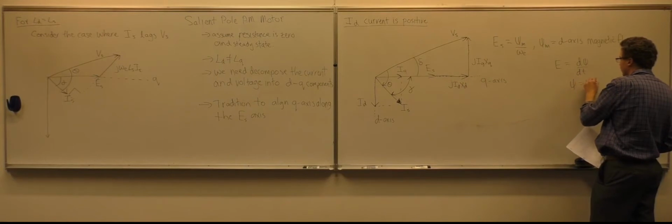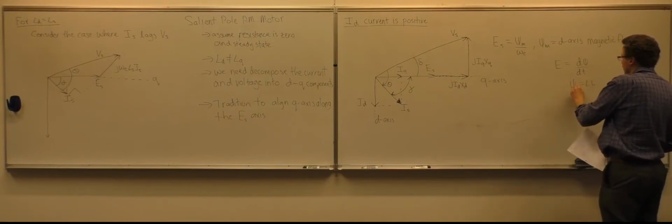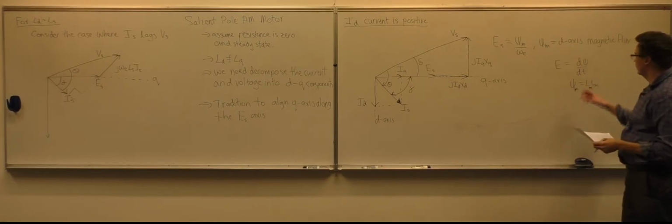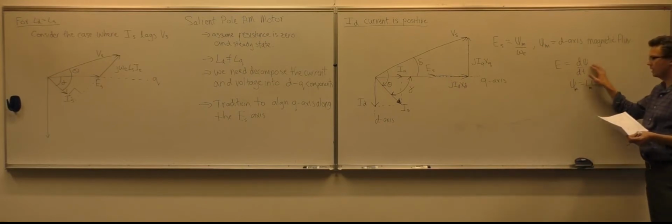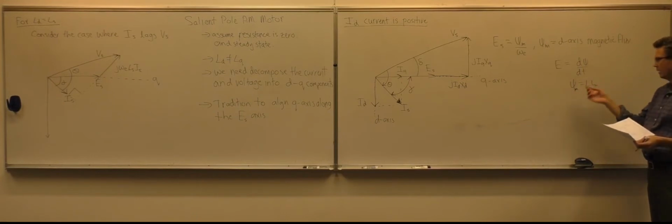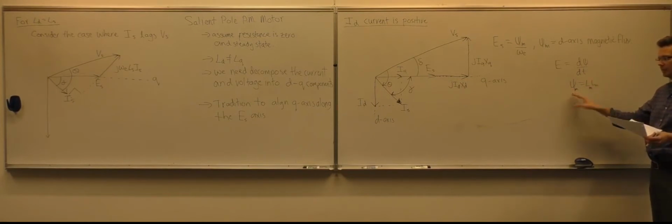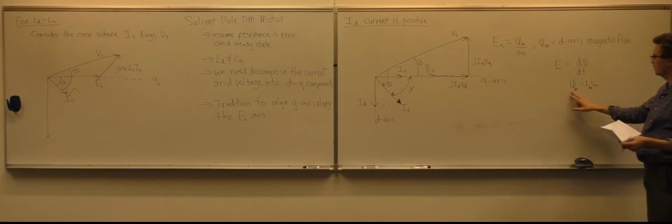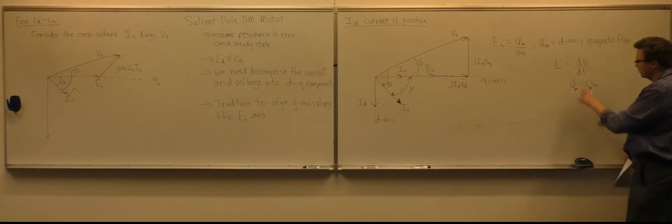You could imagine the flux due to the magnets was created by some fictitious current source and inductance. Anyway, it's got some flux associated with the magnets. That's what the magnetization flux is.